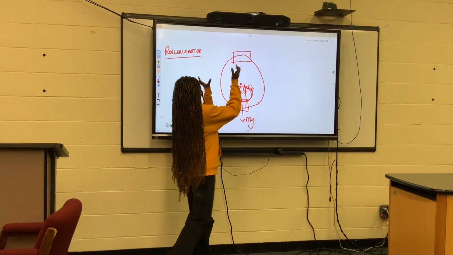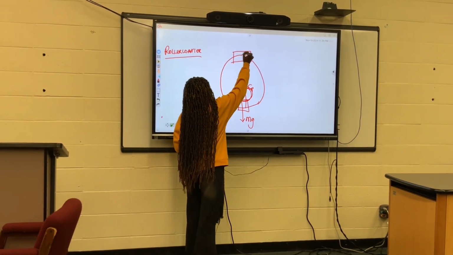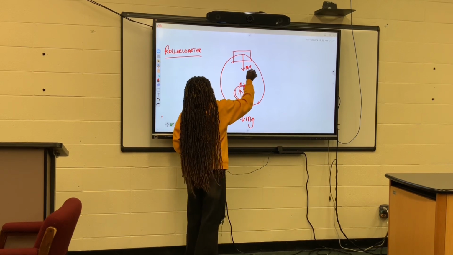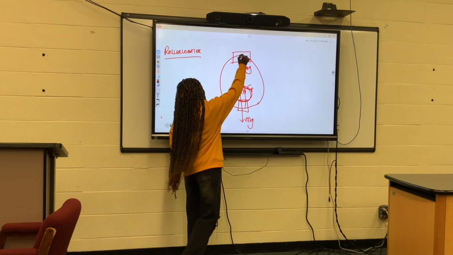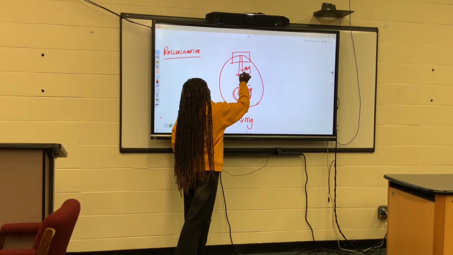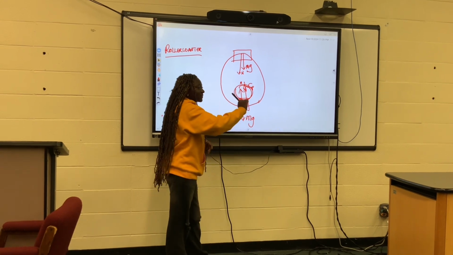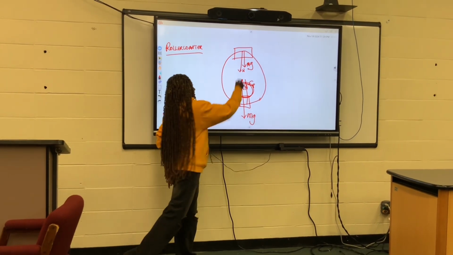So at the top, a similar thing happens. We have our weight, which is acting downwards because of gravity, and then our normal force, which is also acting downwards. And centripetal force is always acting towards the center.